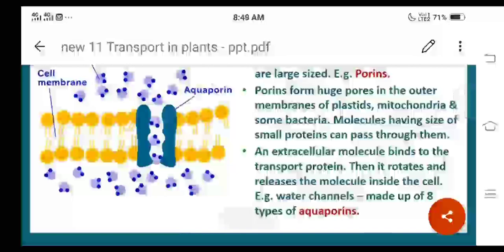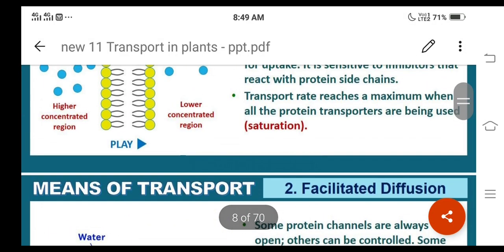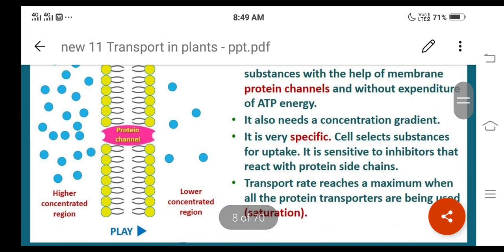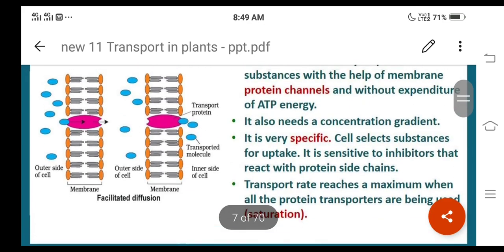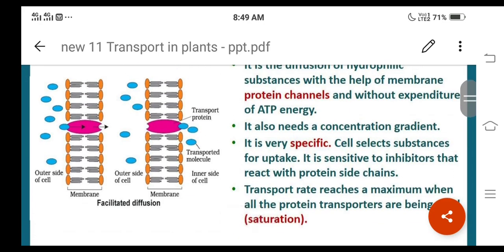The related diagram is here, and it explains the movement of the molecule towards the inner side of the cell. In the first diagram, the transporting molecule binds to a protein, then the protein undergoes some rotation. After rotating, that molecule will be released inside the cell.